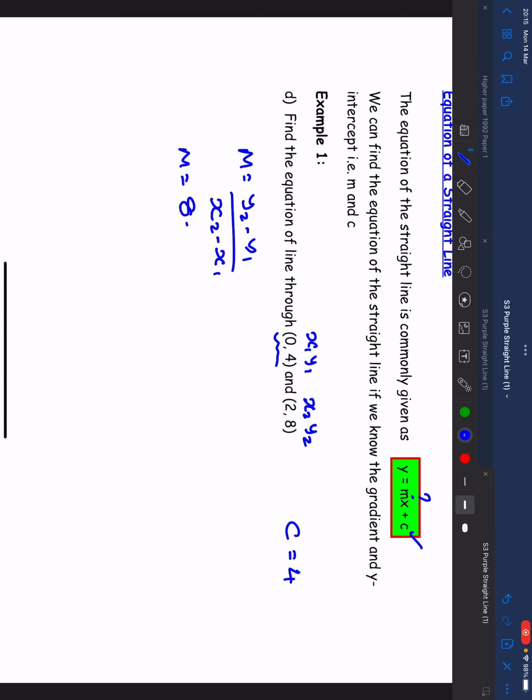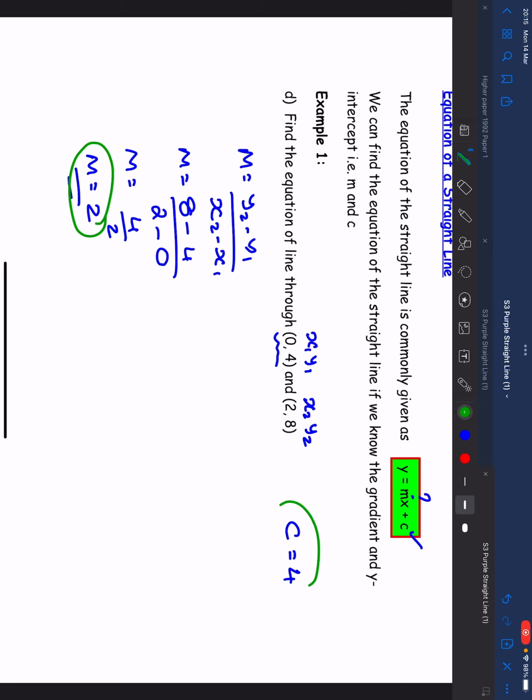So that's 8 take away 4 over 2 take away 0, which gives us 4 over 2, which is 2. So I have my gradient, my gradient is 2. I have my y-intercept, my y-intercept is 4. Bring it together, so I get y is equal to 2x plus 4. And that's it.